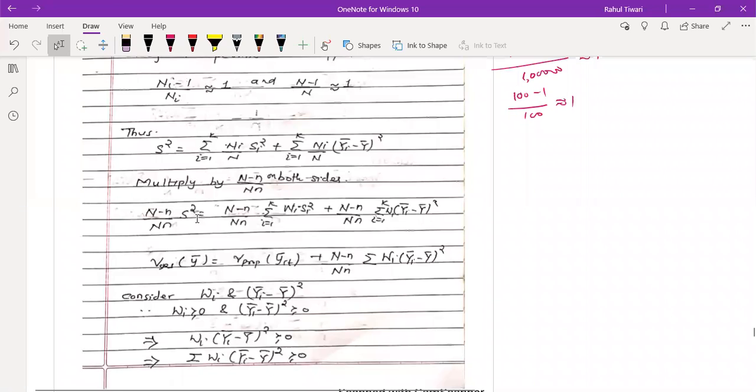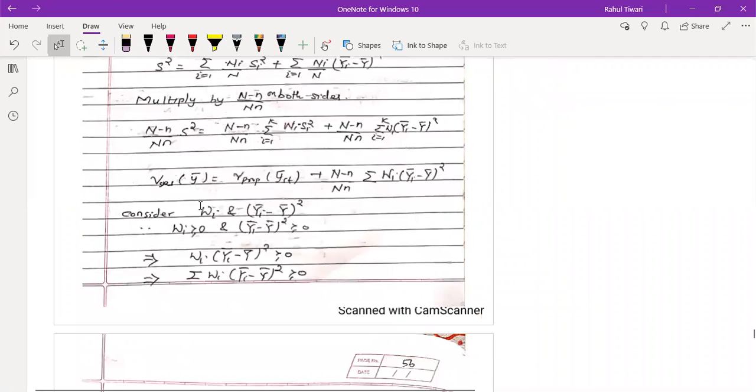So how will we check? Consider Wi and y bar i minus y bar. So I have just considered these two things. I know this is the weight. The weight is always positive.